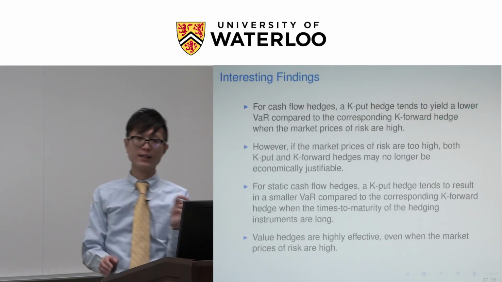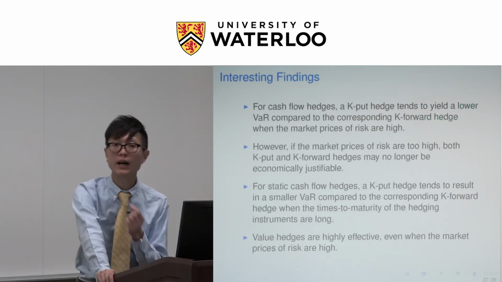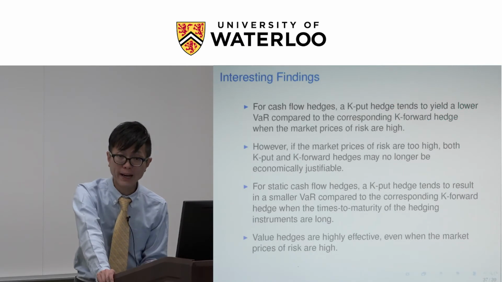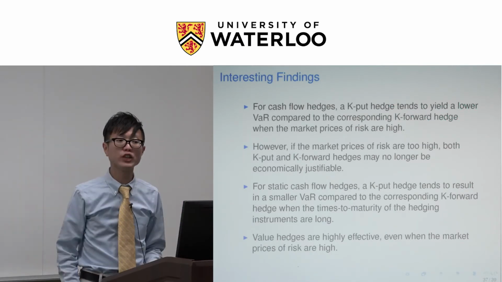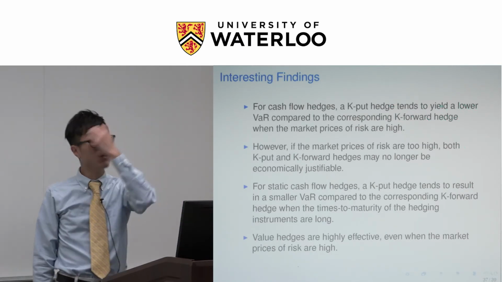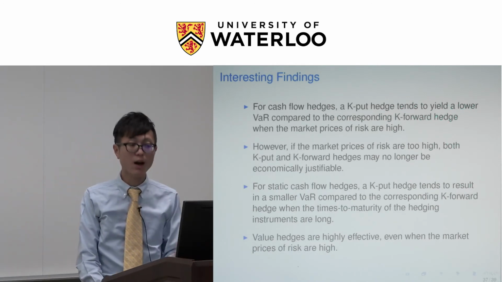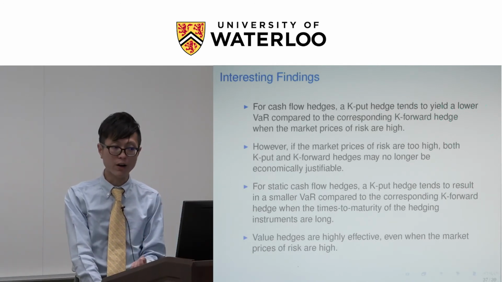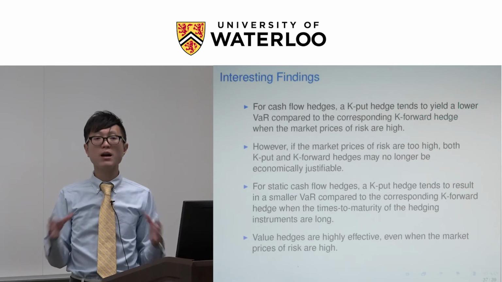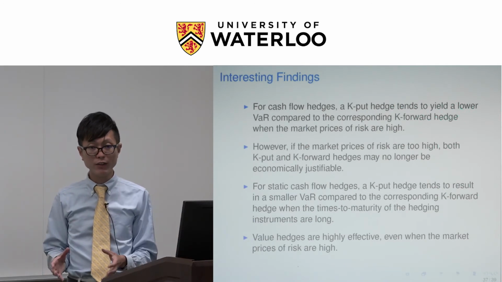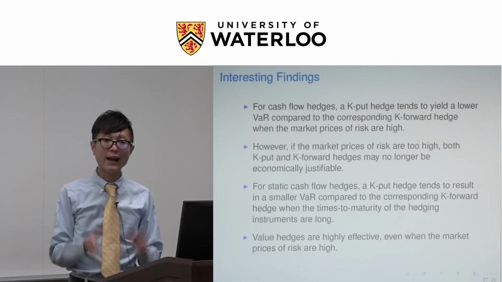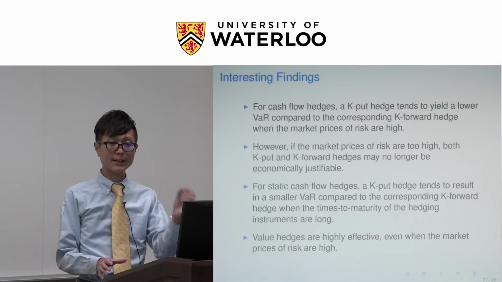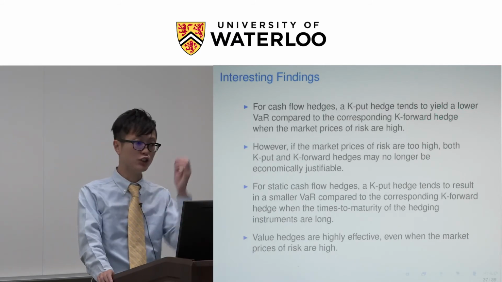So in this sense, a K-put, in principle, should be a cheaper hedging instrument. And the cost advantage of K-puts is obviously higher when the market prices of longevity risk are high, and our results reflect this important relationship.